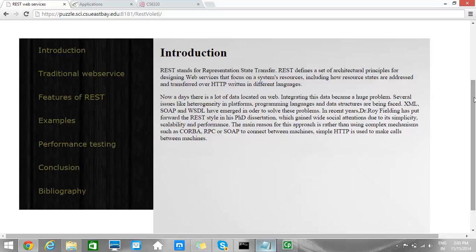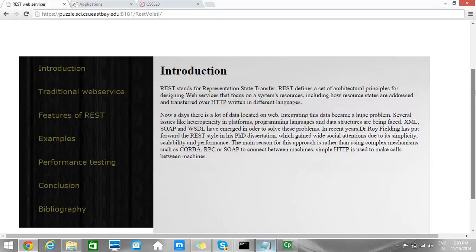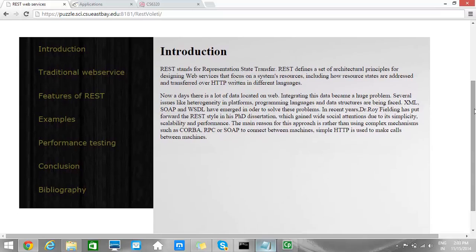But in recent years, Dr. Roy Fielding has put forward the REST style in his PhD, which gained wide social attention due to its simplicity, scalability, and performance. The main reason for this approach is that rather than using a complex mechanism like SOAP, a simple HTTP can connect between machines. Hence, this REST has come forward.